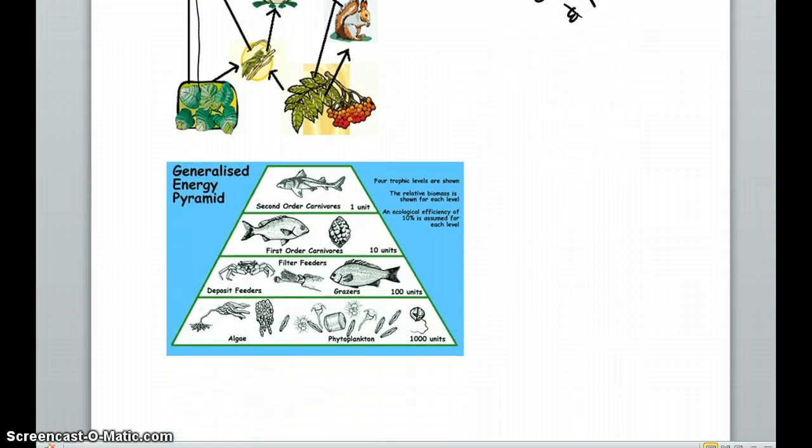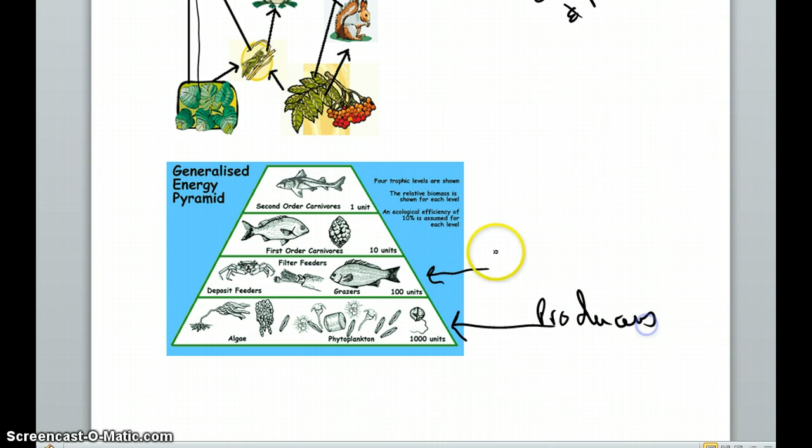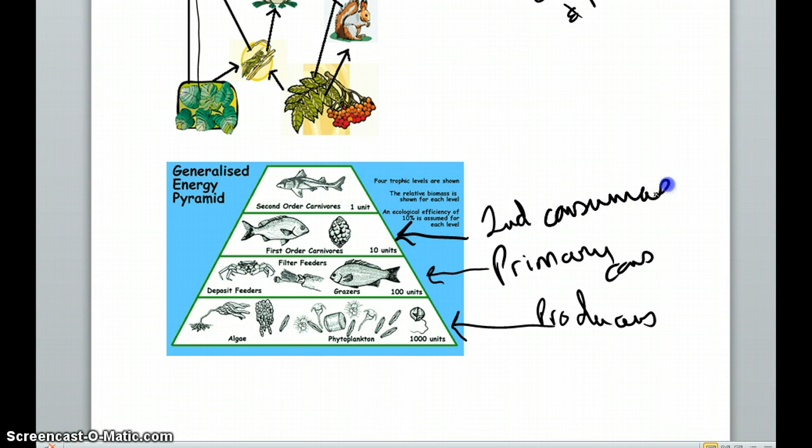Now, this information could also be portrayed in various pyramids. And here's a pyramid showing the producers at this level. In this case, it's aquatic, so you have algae and phytoplankton. Then you have producers, primary consumers, and so what would this be? This would be secondary consumers.